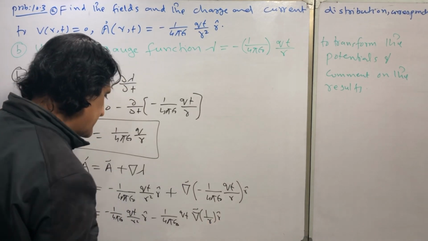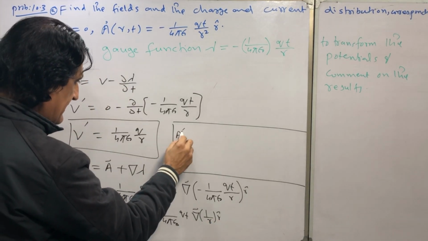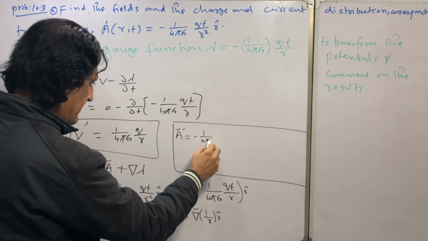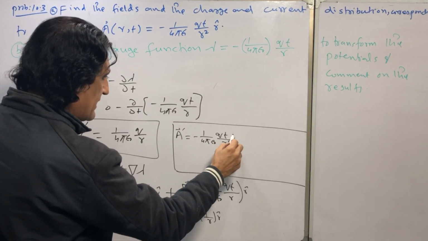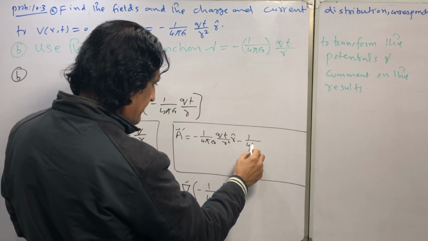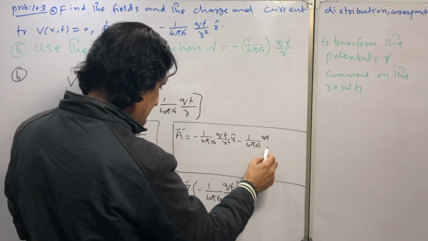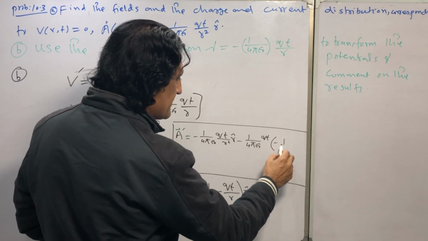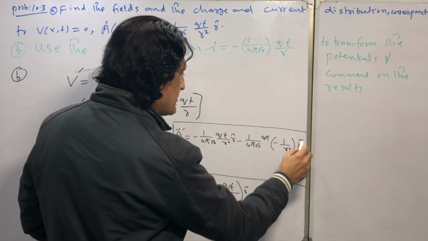Now further, A prime is equal to minus 1 over 4 pi epsilon naught q t divided by r square, r hat, minus 1 over 4 pi epsilon naught q t, and the gradient of 1 over r means minus 1 over r square, r hat.